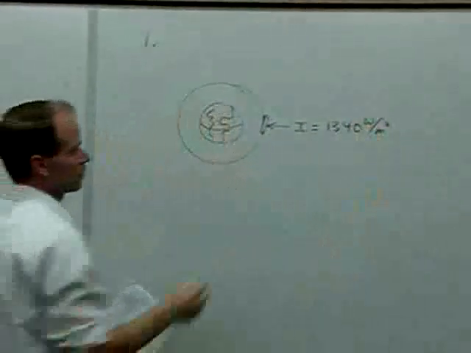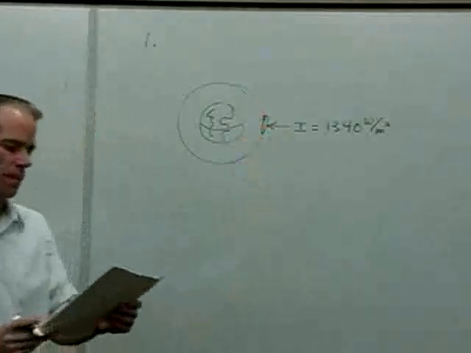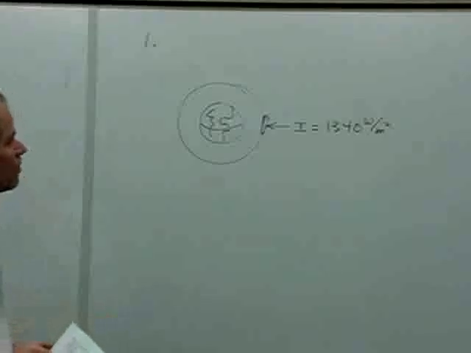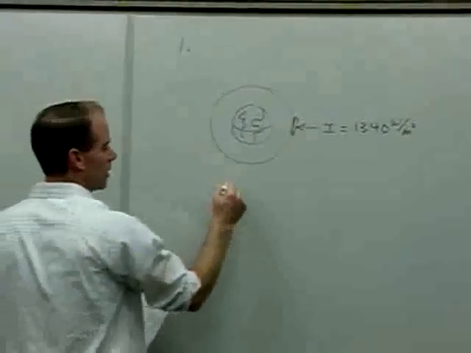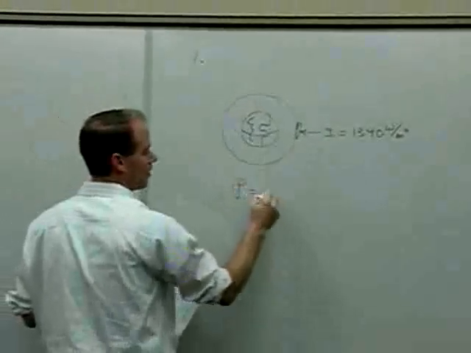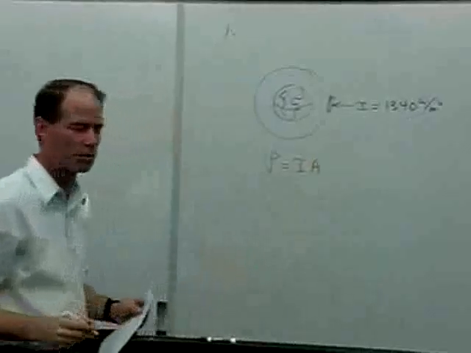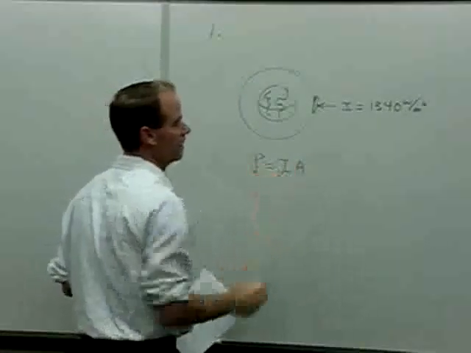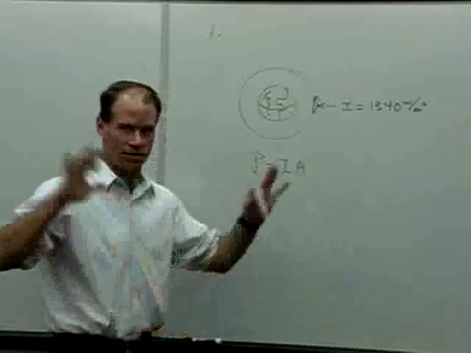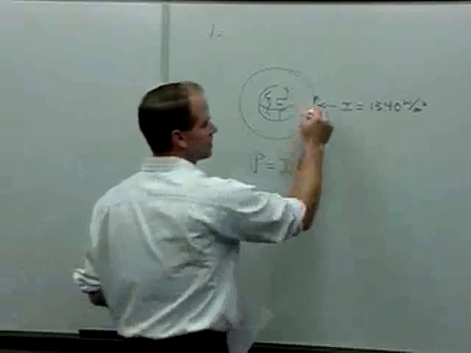And that's the power per area that's hitting the Earth's atmosphere. We can imagine, though, that using the definition of power equal to the intensity times area, or intensity is power per area, the power of the Sun would be the intensity times the area that this power is being distributed over. Now, it's not just this area.